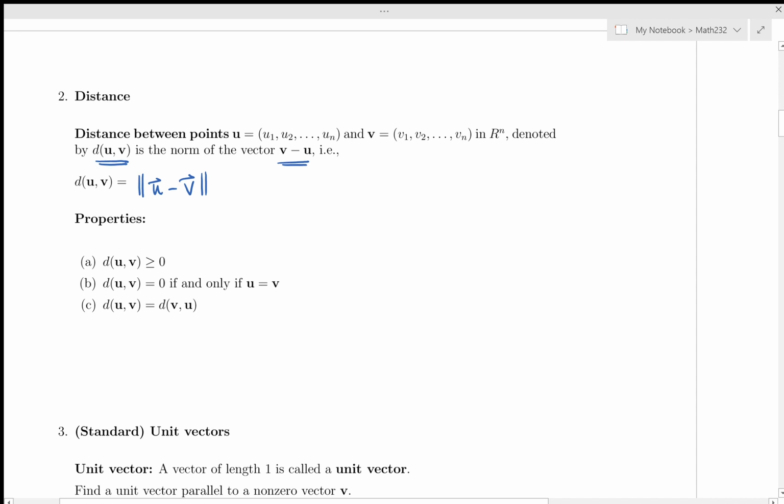And that is equal to taking the norm, that is the square root of the first component of the vector squared, where the first component of that subtraction looks like this, and then the second component of the vector, and we keep going until we get them all.